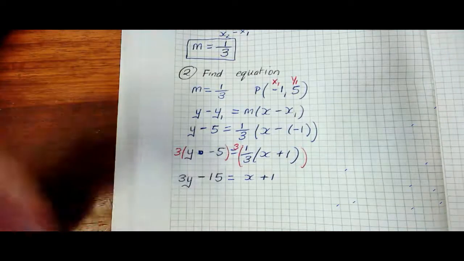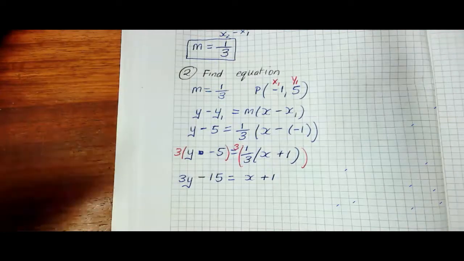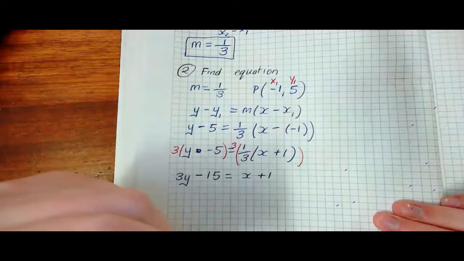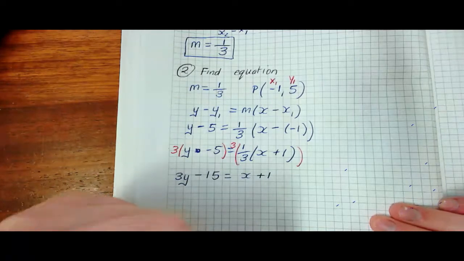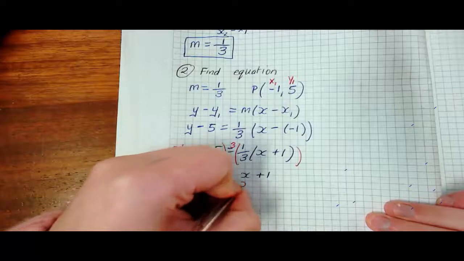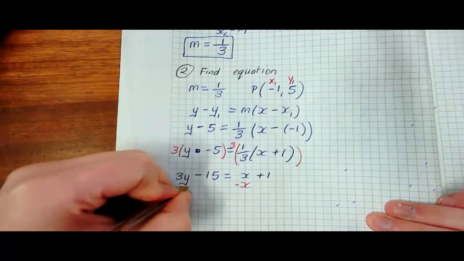Again, we want all our terms on the left hand side. So we have a plus x here that we want to get rid of, so we're going to take away an x off both sides.